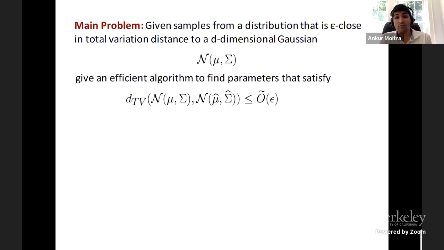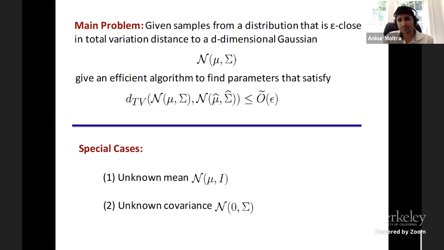Do I want the Frobenius norm of sigma minus sigma hat to be small? Do I want some other norm? All of these different matrix norms often differ by poly in d factors. So you need to make sure that you choose the right norm. That's why it makes sense to work with total variation distance, because that characterizes what the adversary has done to your distribution. They move you in total variation distance, and you want to get within total variation distance again. So this is the reason the problem is set up the way that it is.